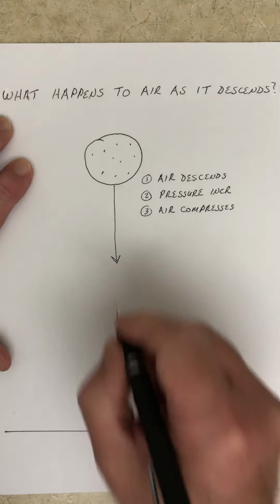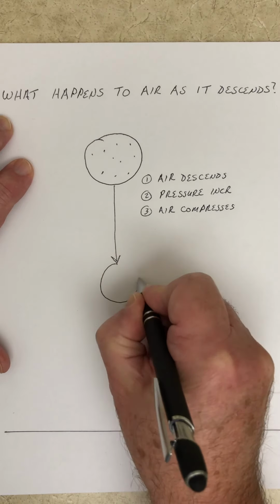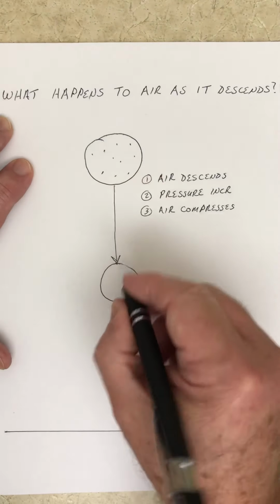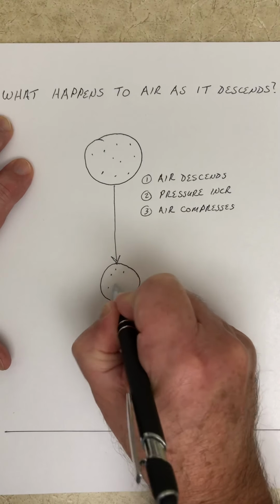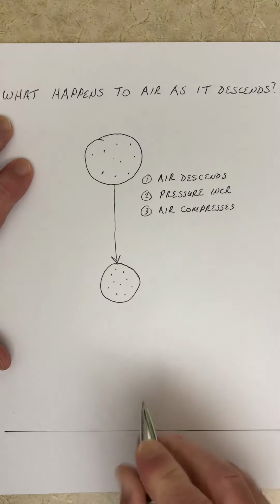When the air compresses, our air parcel will be smaller. Those 10 air molecules are going to have less volume now, 5, 6, 7, 8, 9, 10.